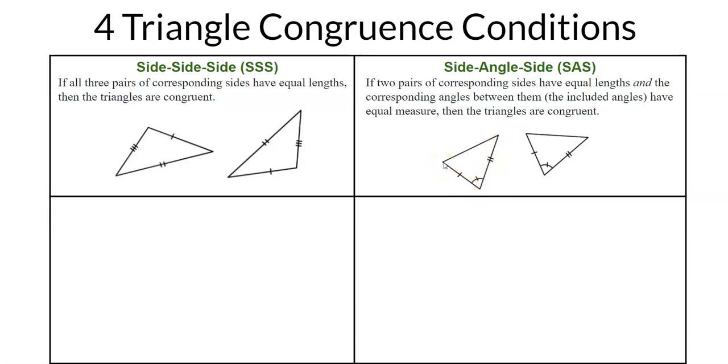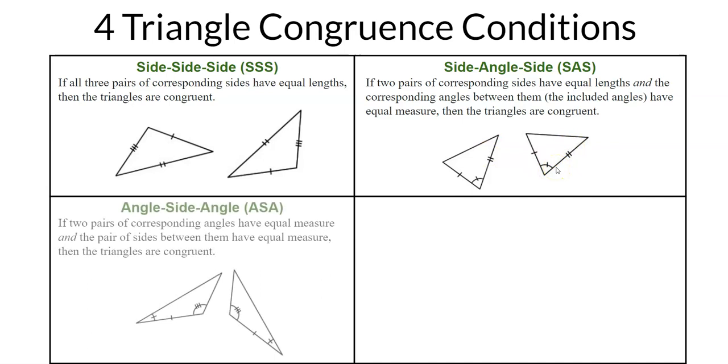For example, I have this side right here, and the next thing that is congruent is an angle, and then from there is a side right here. So this is why it's called side, angle, side. Both of these sides are congruent to each other, the angles are congruent to each other, and the side is congruent to this side right here.